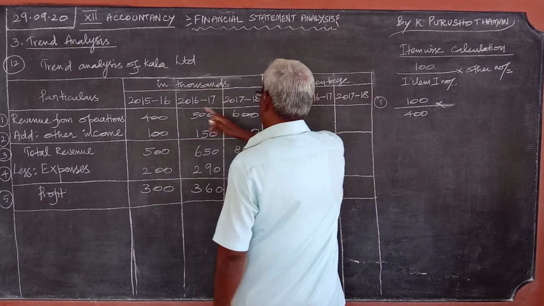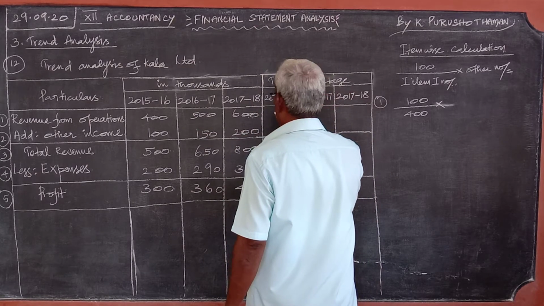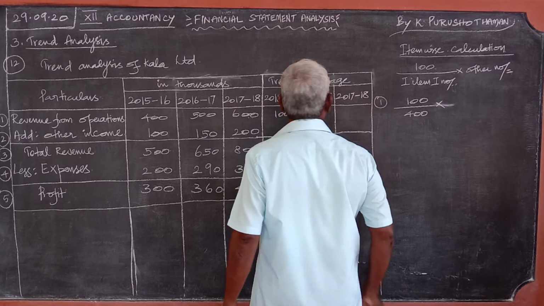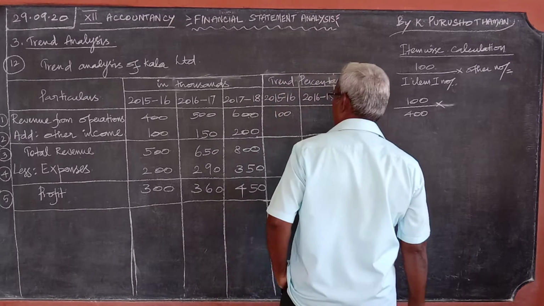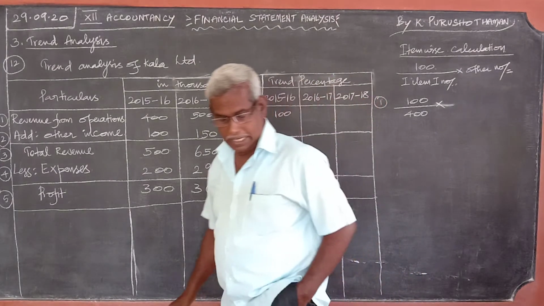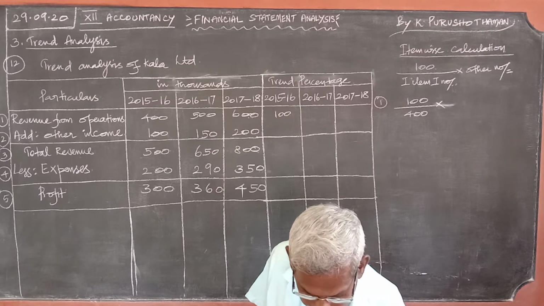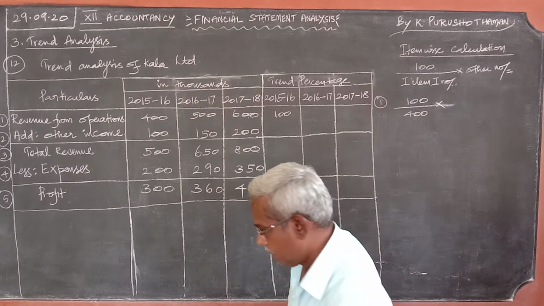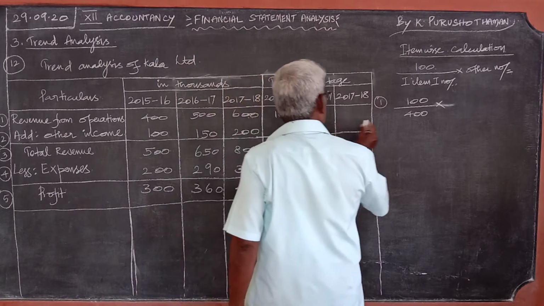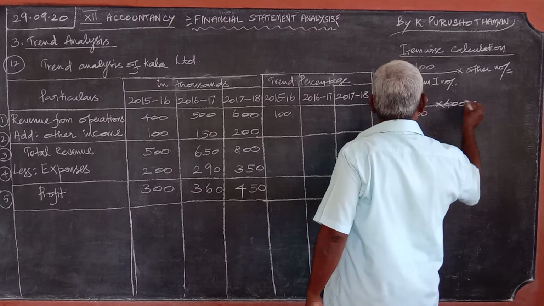The first one will be 400, therefore we will write here 100. 100 by 400 into the same number is 100. The first one is 100%.